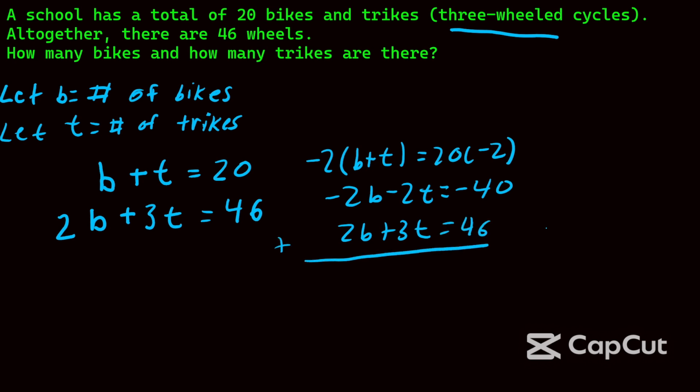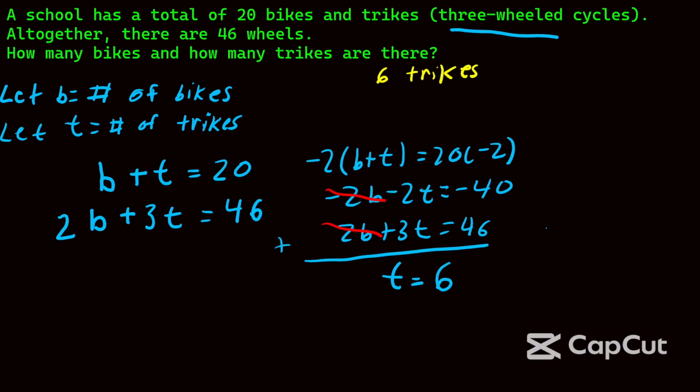Add down. -2b plus 2b. That's just 0, so I can cancel these. Now I get -2t plus 3t is just t equals -40 plus 46. That's 6. Right? So that means we have, I'll write this in a different color so we know what's our work and what's not. I'll use yellow. 6 trikes. I don't know. Yellow reminds me of lower school. Okay, 6 trikes.